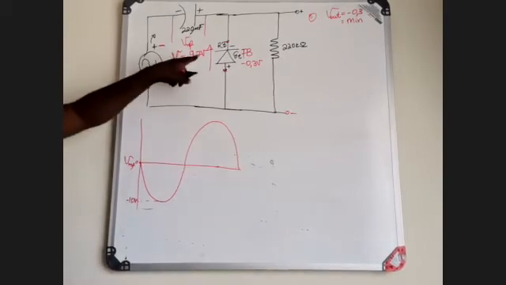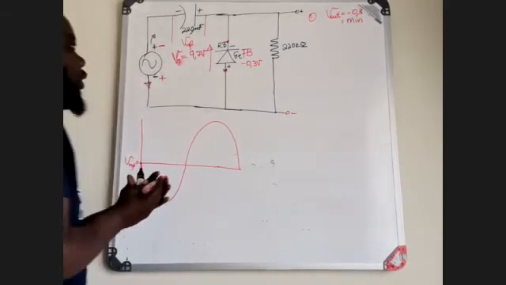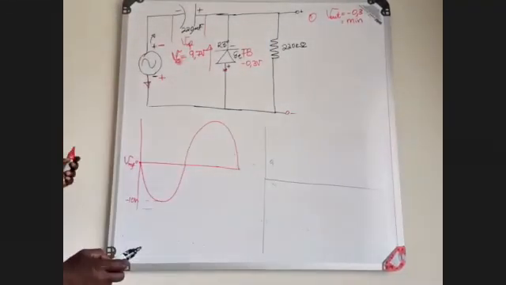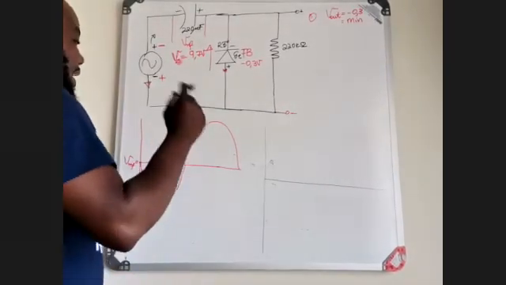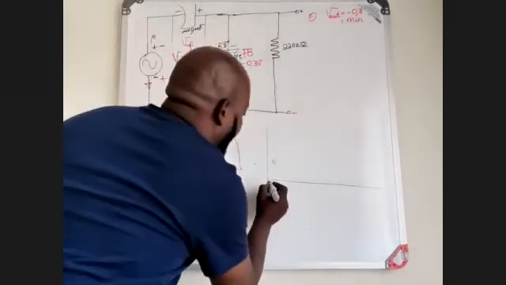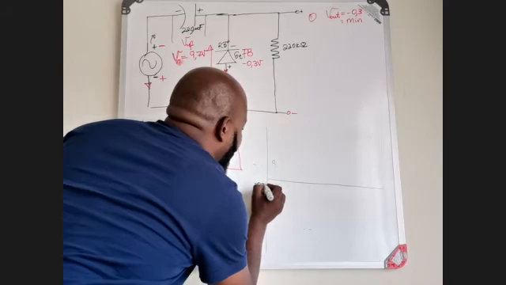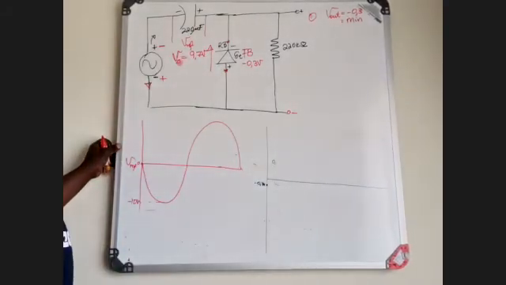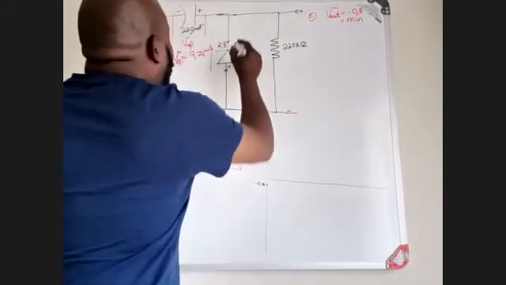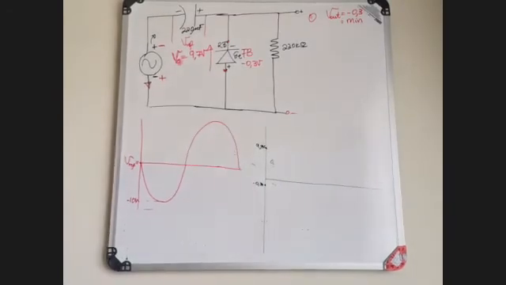If this is your 9.7 volts as a new reference with the graphical representation, then your graph is going to have a minimum turning point of minus 0.3 volts, with the reference of 9.7 volts.